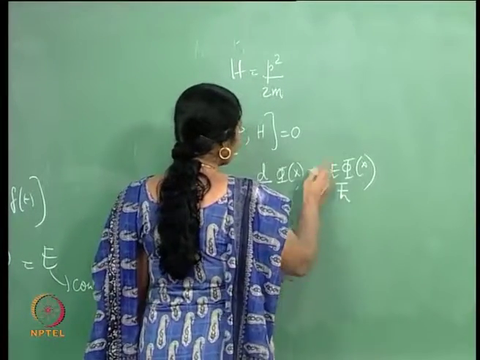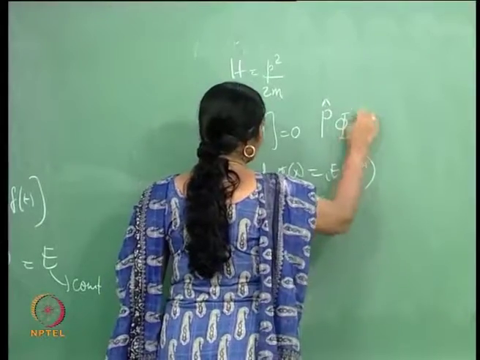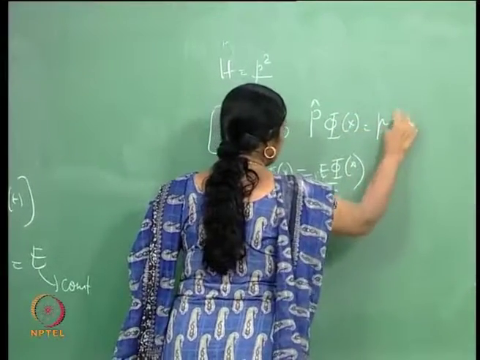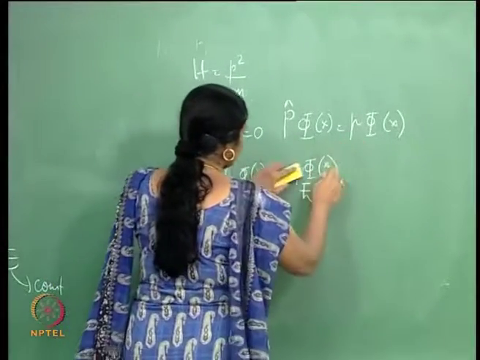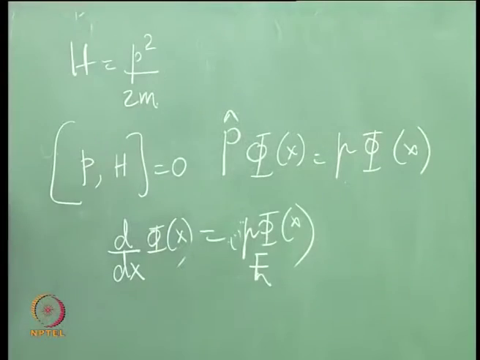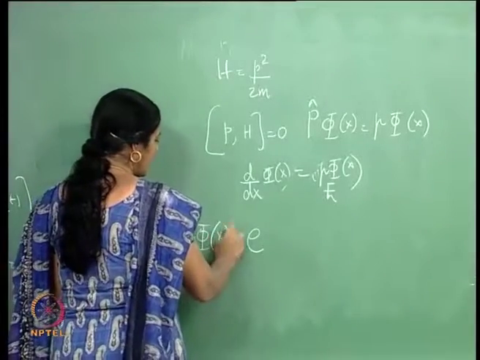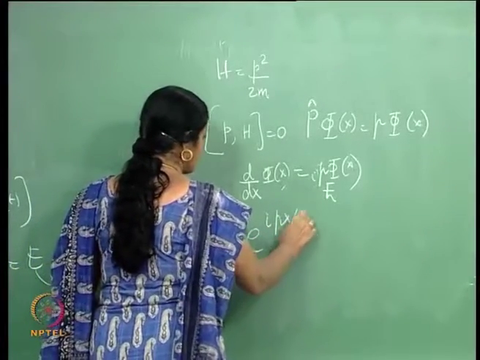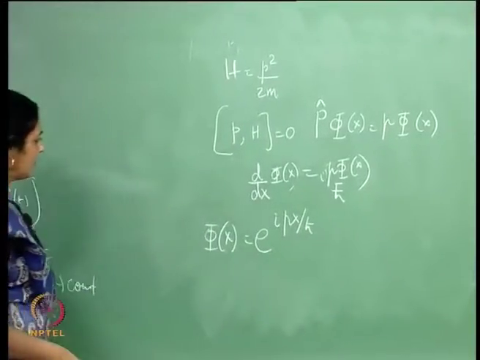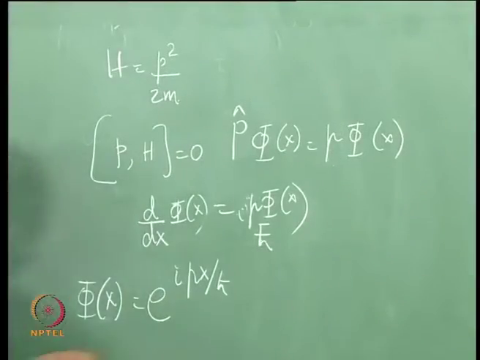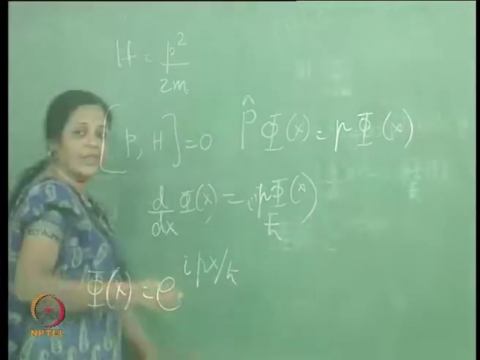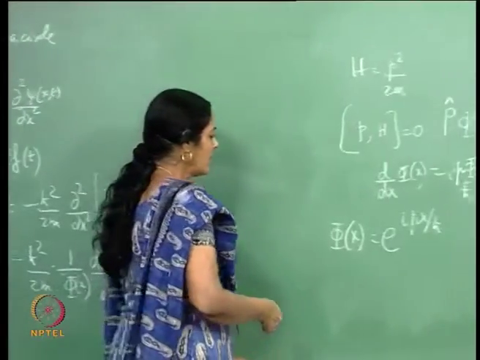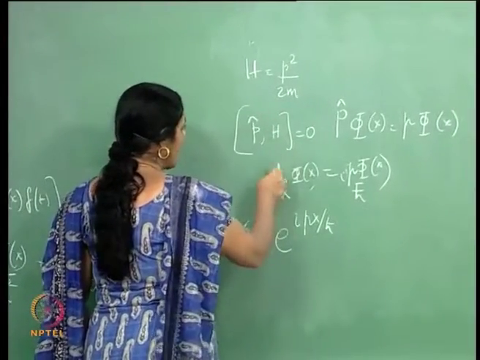But then you see, if I wrote P phi of x is some p phi of x, let me just call it p so that I avoid confusion. Then I just have the solution phi of x as e to the i p x by h cross. You see, this p is a number, it is the eigenvalue here of the momentum operator, because phi of x is a simultaneous eigenstate of both the momentum operator and the Hamiltonian.